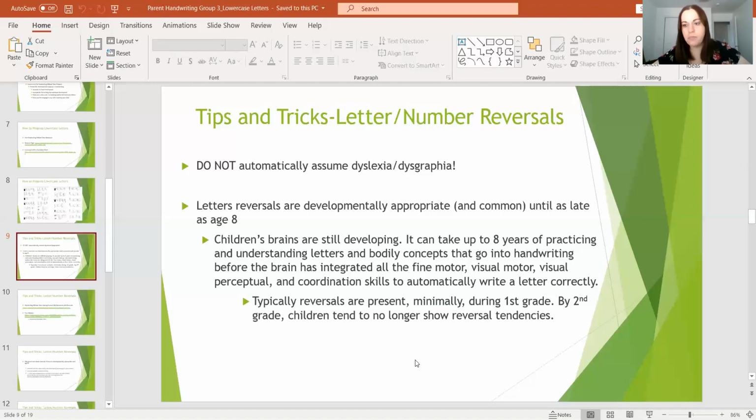But again, they're appropriate up until age 8. So like I said, don't automatically assume, oh my goodness, my child is doing a lot of letter reversals. Do they have dyslexia? There's a lot more to dyslexia than reversals. The concept of letter and number reversals themselves is developmentally appropriate and common.